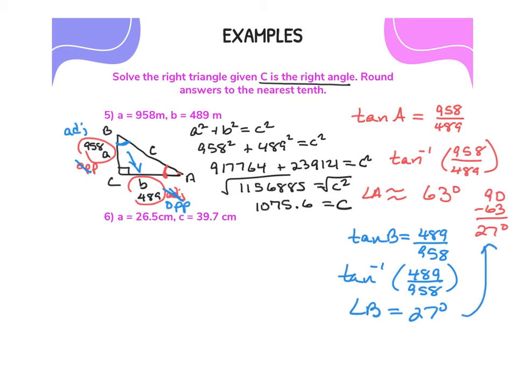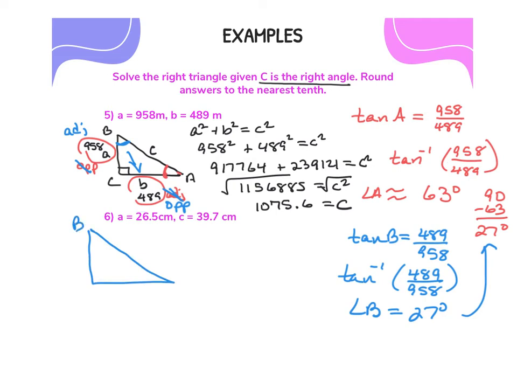Same answer I got when I subtracted. So my calculations for angle A were correct. I've now found all three angles and all three sides, because remember the other angle was the right angle, so angle C is 90. Let's try one more when we're given two sides.